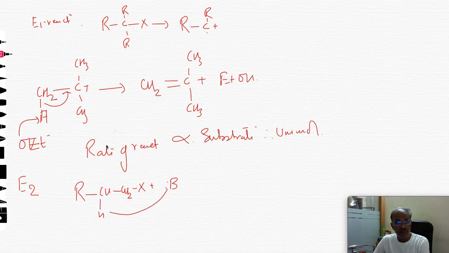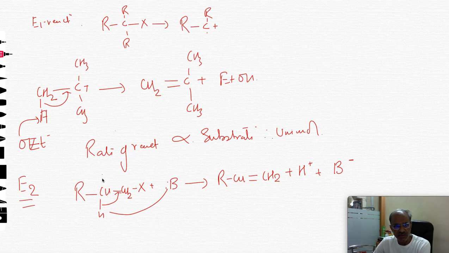In the previous case it was the alpha, and here it is abstracting from the beta. Then this will go here, RCH double bond CH2 plus the base. Right. So this is the E2 reaction. It is undergoing from the beta hydrogen atom. The base is removing the beta hydrogen atom. In the earlier case, the base was removing the alpha hydrogen atom.